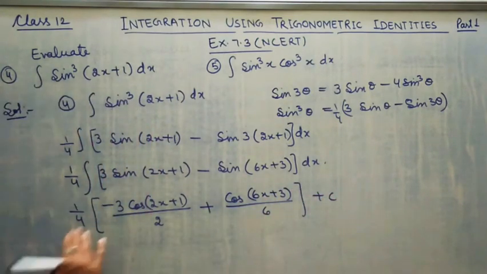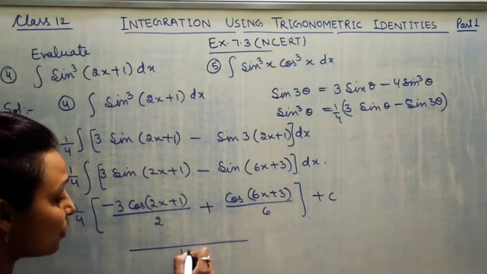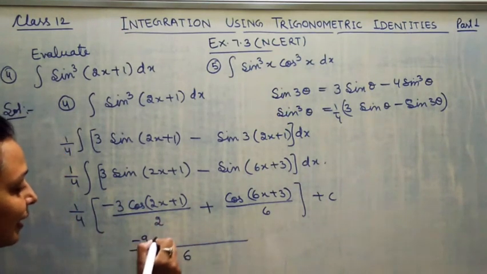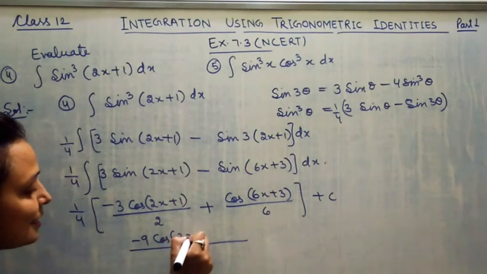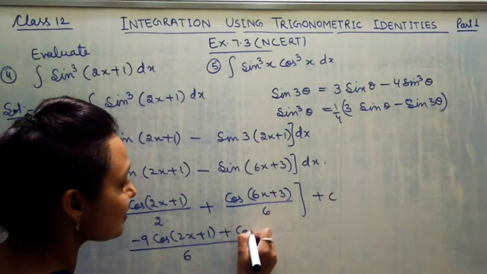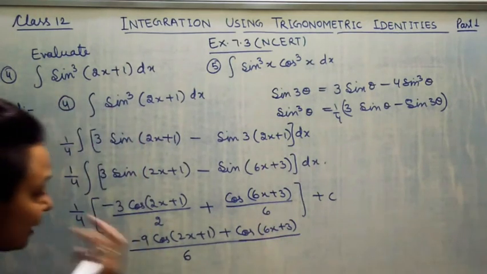Now you can multiply these two or take the LCM. When you take the LCM, it will be 6 twos are 12, or you can write it as 6 threes are 9 cos(2x plus 1) plus cos(6x plus 3) with a common base, that is 6.